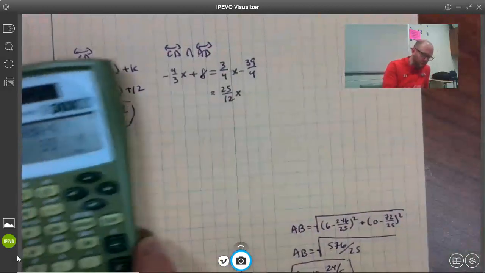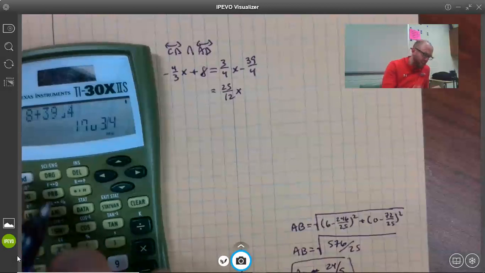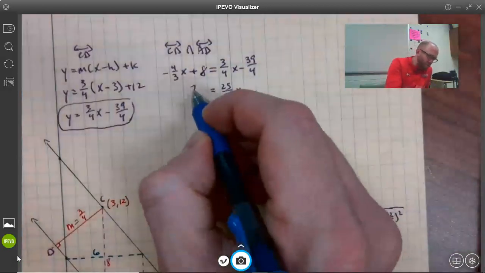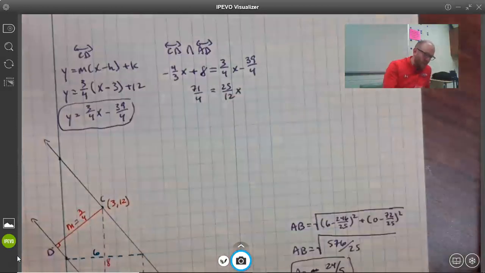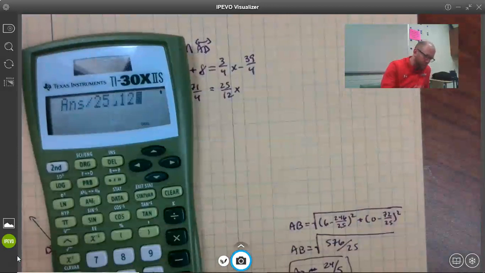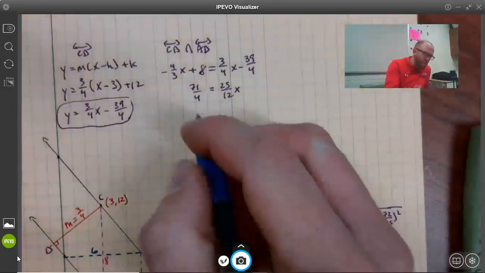So we have 8 plus 39 over 4, which is 71/4, and then we'll divide by 25/12. Gives us 8 and 13/25, which is 213/25.